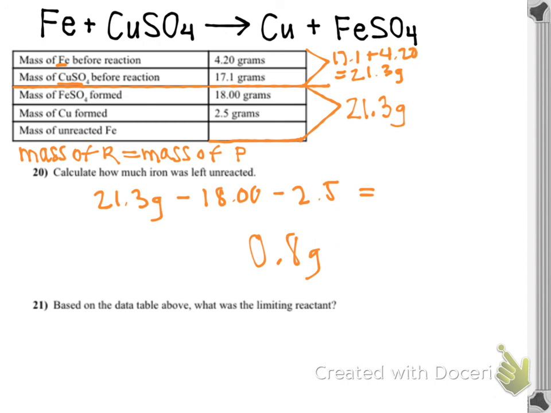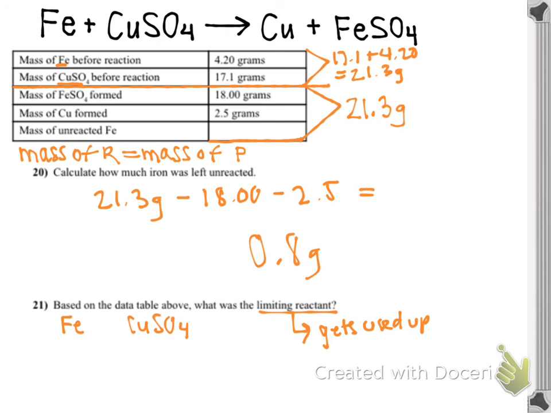Based on the data table above, what was the limiting reactant? You have two reactants, Fe and CuSO4. You know that the limiting reactant means that it gets used up. So it has to get used up, which means the other thing doesn't get used up.